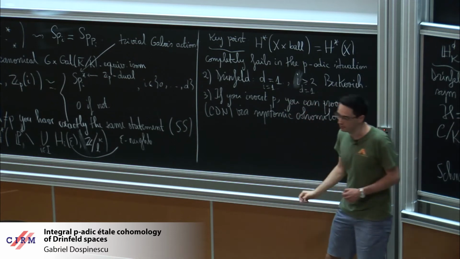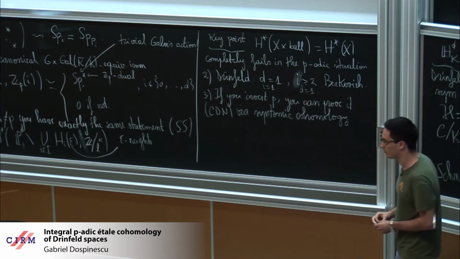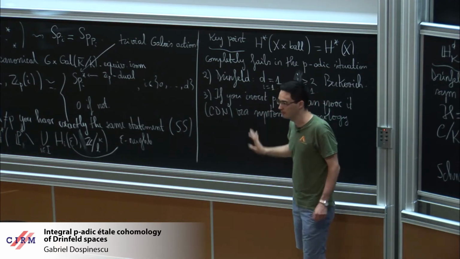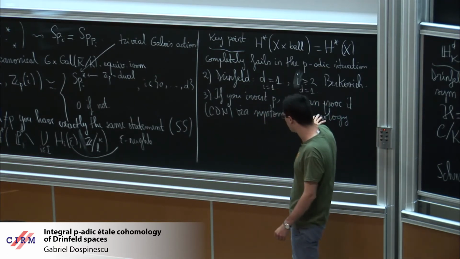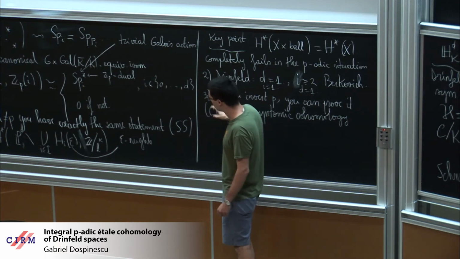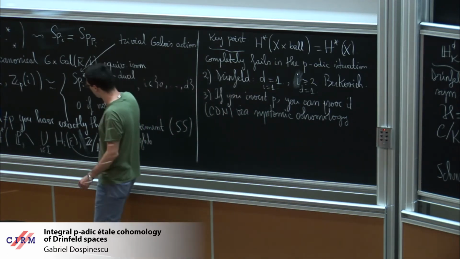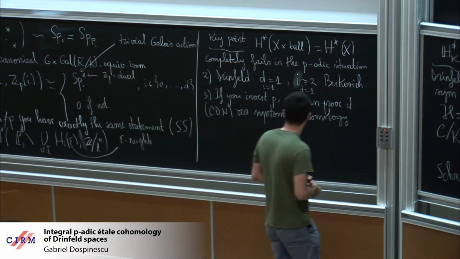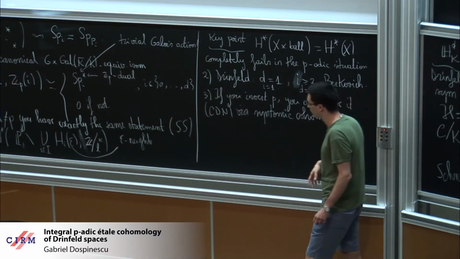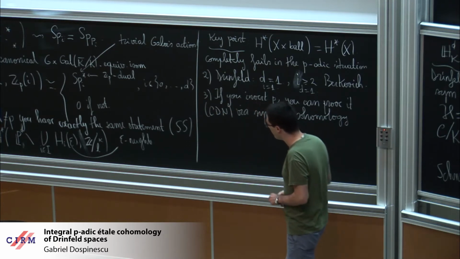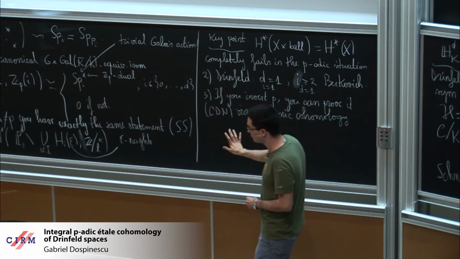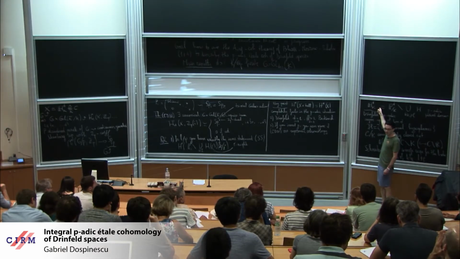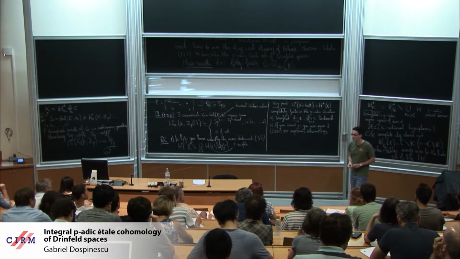In other words, you simply forget about p-adic étale cohomology, use the Fontaine-Messing period map, and then it becomes simply a problem of computing the syntomic cohomology of these things, which comes down in the end to computing some crystalline cohomology and some de Rham cohomology, and you can do that by some suitable versions of the Hyodo-Kato isomorphism that holds even outside the proper case. So one remark that I should make, and of course I didn't, is that this space is not quasi-compact, and this is the main thing for which many of the tools do not hold.